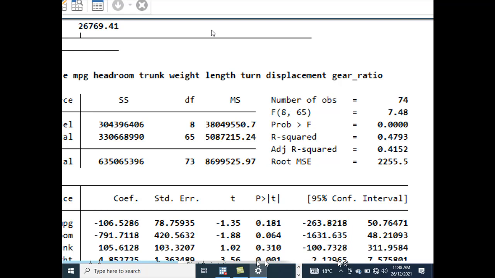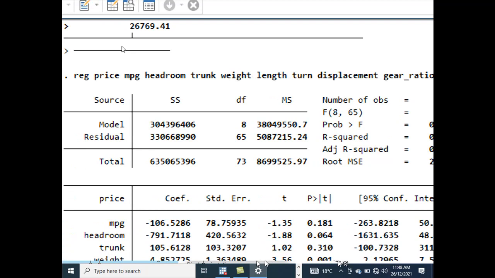So therefore, what it is doing, it is using an ANOVA approach, as you can see here. The sum of square for the model, the sum of square for the residual. Residual is representing everything other than the model, other than the x variables. Then it is calculating the mean square, which is simply the SS divided by the degrees of freedom.